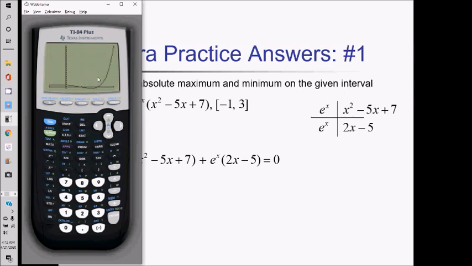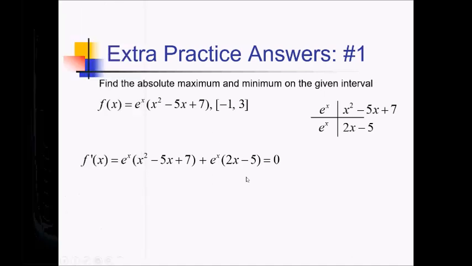Let's find out what they are. So we've got second trace, option 2. For my left bound, let me click a little bit to the left here. Right bound, a little bit to the right. Enter one more time. And it looks like 1 is one of our intersection points with the x-axis.